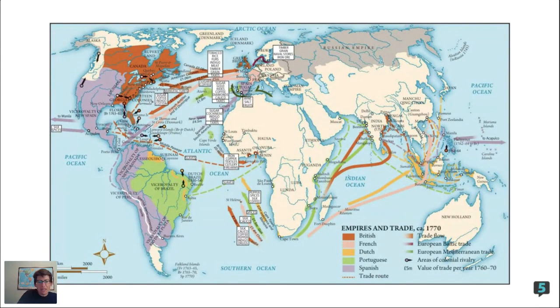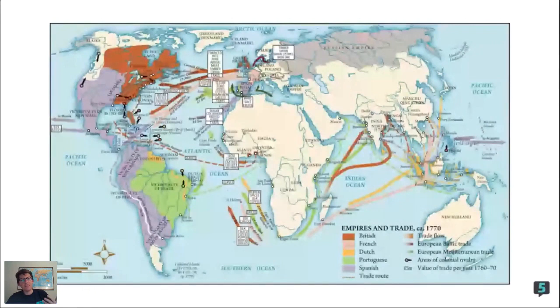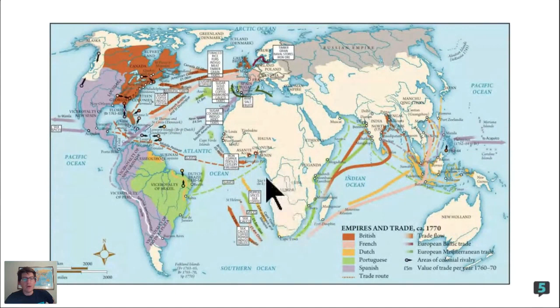But that doesn't mean that only European countries benefited from the expansion of this trade. In fact, the expansion of trade leads to the growth of powerful states in places like Africa: the Kingdom of Asante in West Africa, which you can see on this map, basically where Ghana is now, the Kingdom of Benin, and the Kingdom of Congo in the present day kind of DRC.